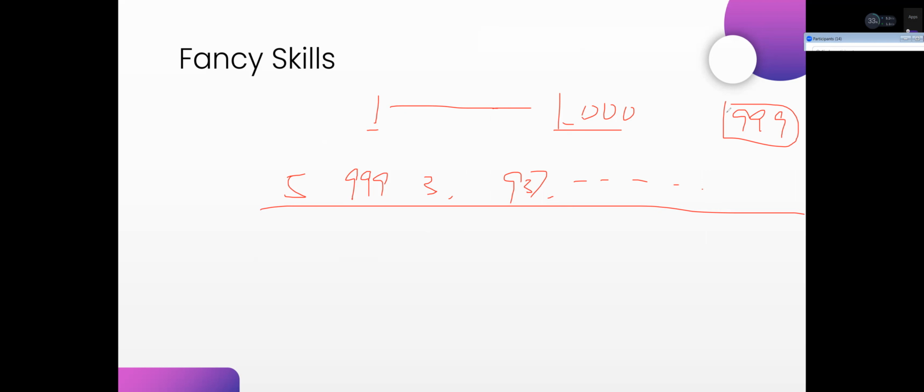I have 999 numbers, covering the range from 1 to 1,000, and there is only one number missing. My task is to find that number.